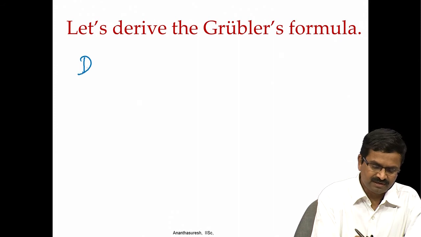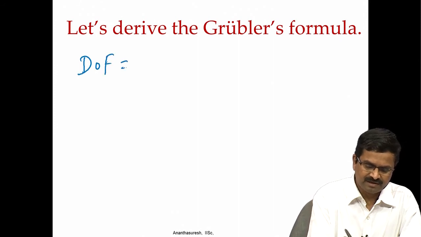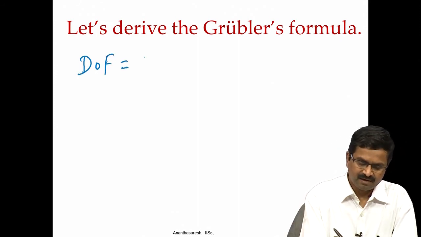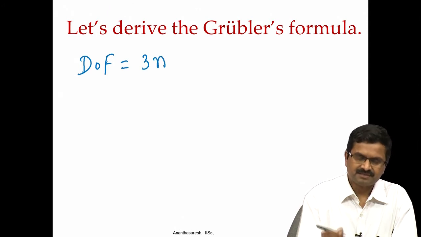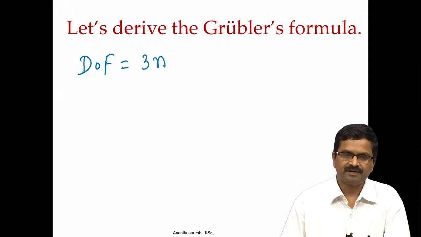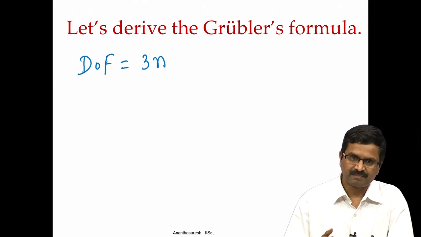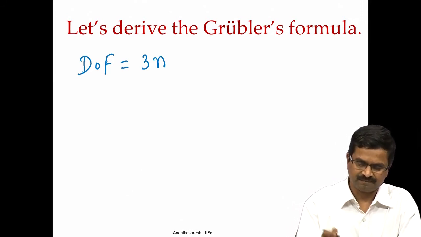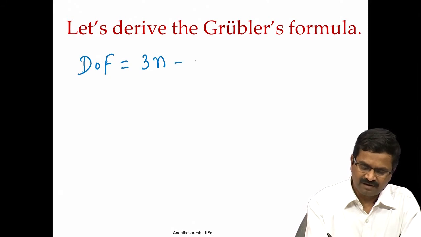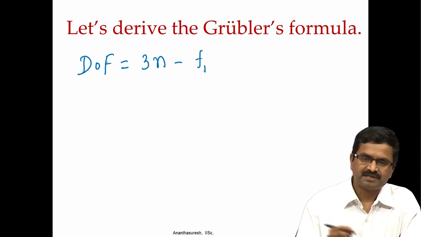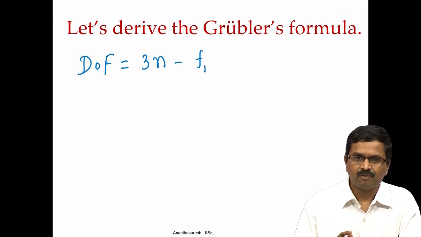So, if I talk about degrees of freedom, let us say we take the 2-dimensional case. If there are n bodies, I will have 3n degrees of freedom, because every body in a plane will have 3 degrees of freedom, 2 translations and 1 rotation. Now, if there are F1 joints, that is joints that allow only one relative motion, that means that they are removing 2.